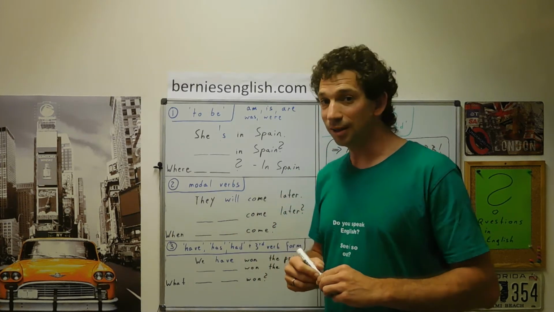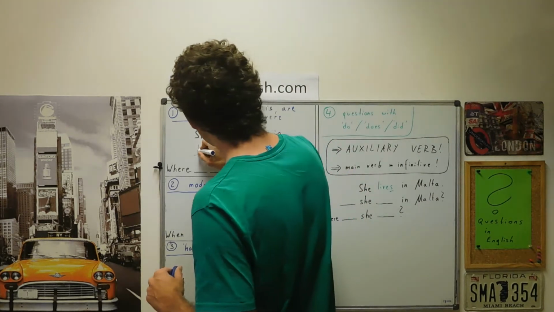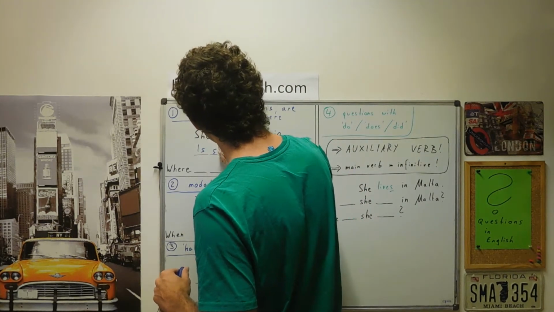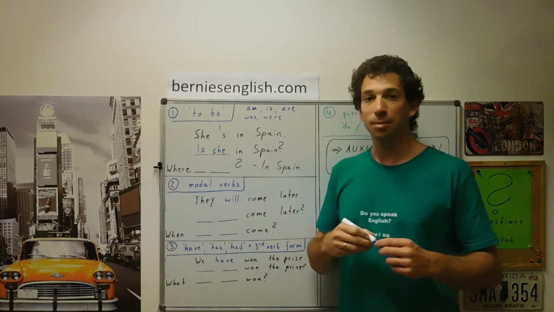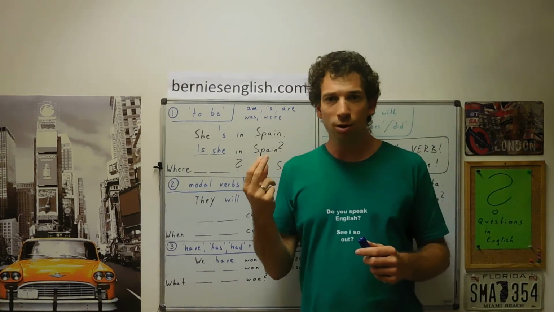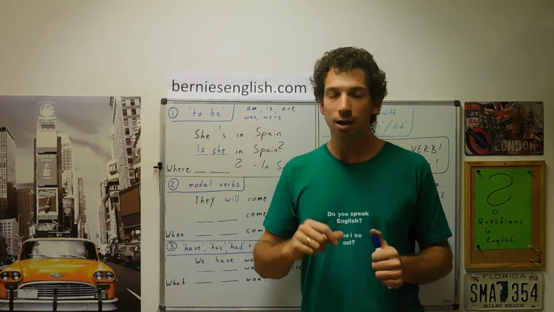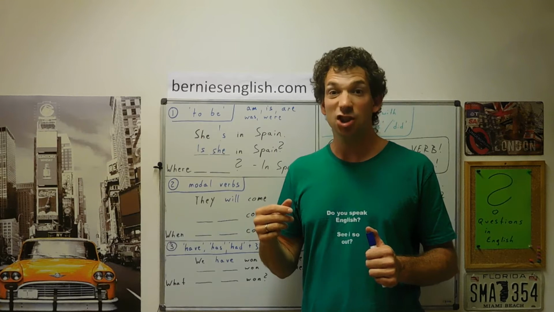So instead of she is in Spain, we ask, is she in Spain? Note, when you say this quickly, you cannot hear is she, you say is she. Is she in Spain?